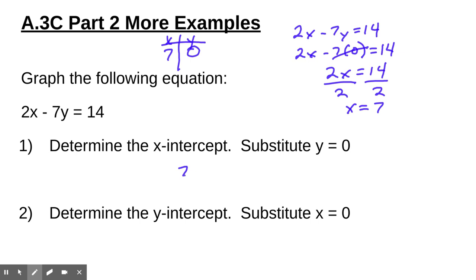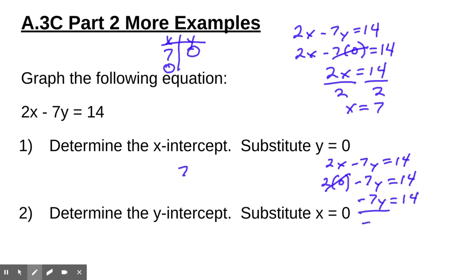Now we're going to do the same thing and find the y-intercept. So we're going to set x to 0, and we're going to look for that. I'll put that down here, and we're going to have 2x minus 7y equals 14. So 2 times 0 minus 7y equals 14. This goes away, and we have negative 7y equals 14.